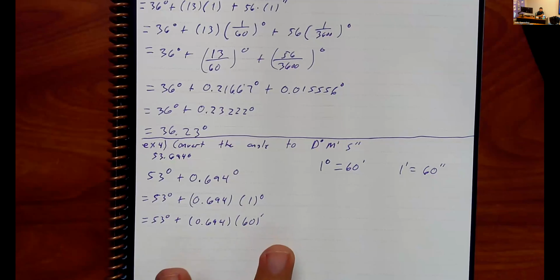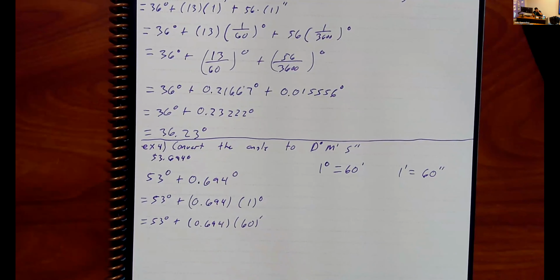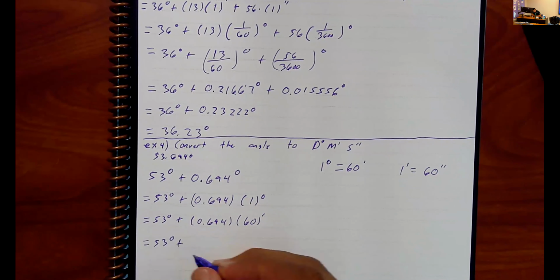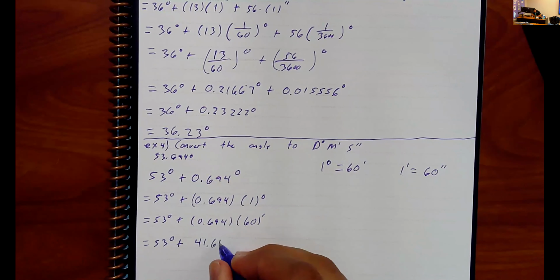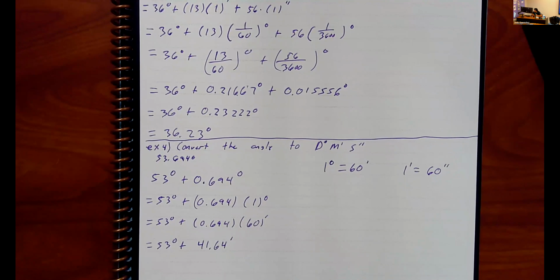So multiply this together. 60 times this will give you it in minutes. So this will become 41.64 minutes. But I don't want to deal with that decimal, so you cut that decimal off. Because a fraction of a minute is a second, right? So this is the second piece.